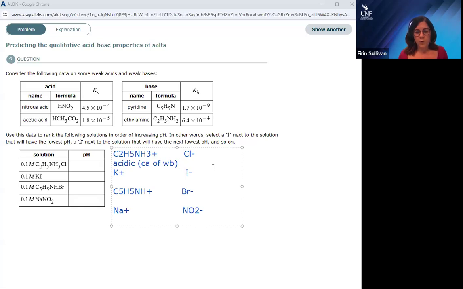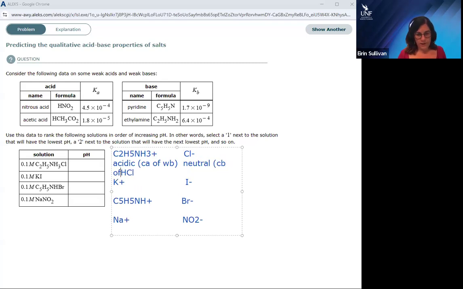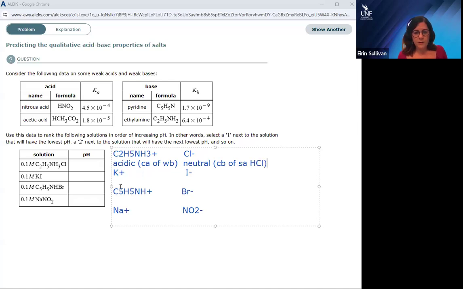Okay, what about the chloride? Well, HCl is a strong acid, right? So the chloride anion is going to be neutral, okay? It's the conjugate base of HCl, which is a strong acid. Okay, so let's look at our next combination.